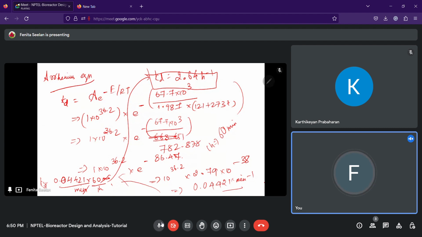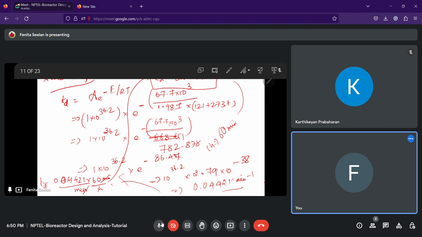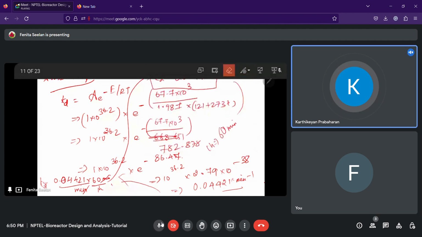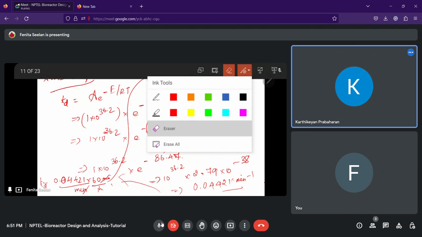Should I solve this problem? Yes, ma'am. Yeah, let's start solving it again. Since I made a mistake in the last assignment, this conversion, I missed kilocalories as well as minute. Okay.